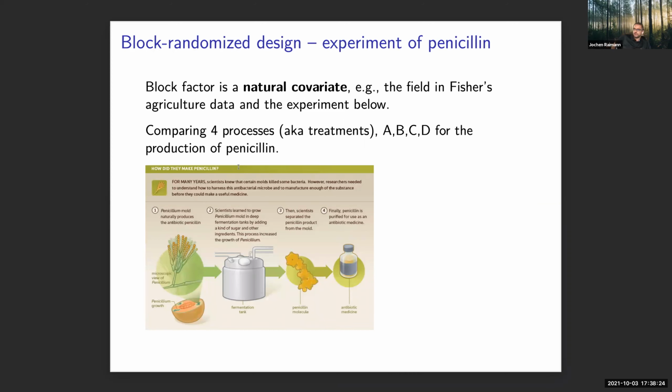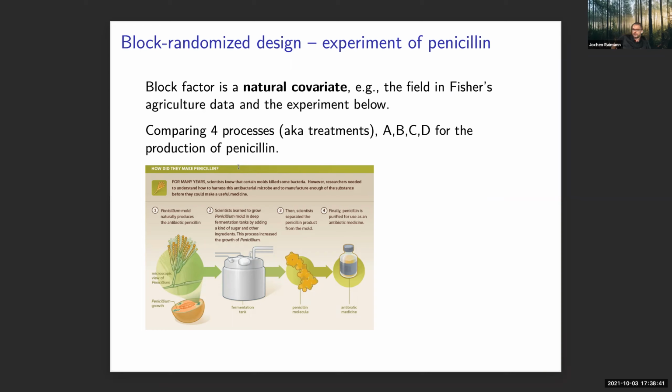So this block factor is supposed to be a natural covariate, like for example, the agriculture data in Fisher's data. And here is the example of penicillin production.